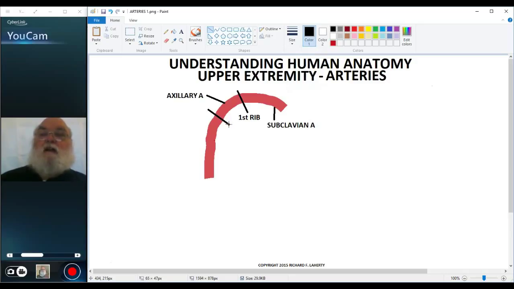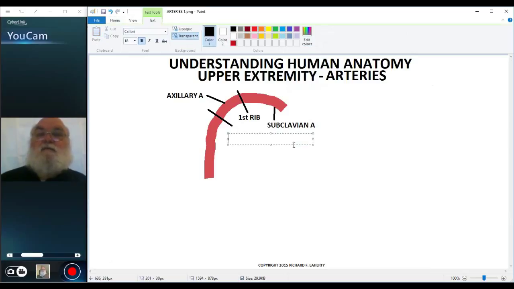So I'll put another line in here to indicate teres major.